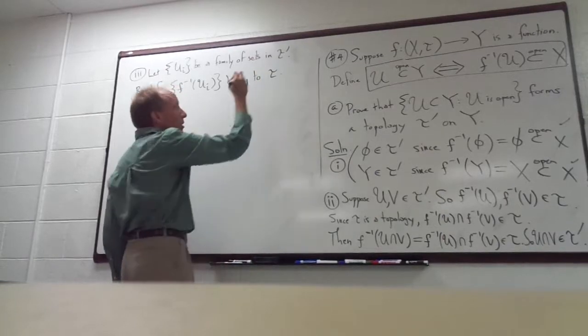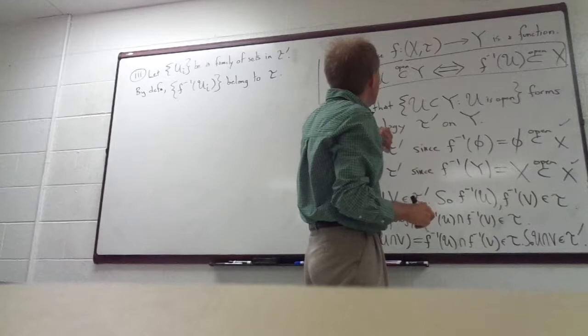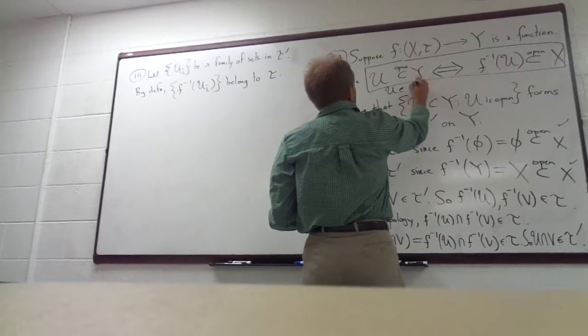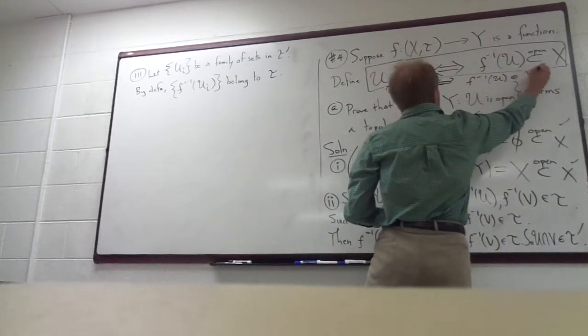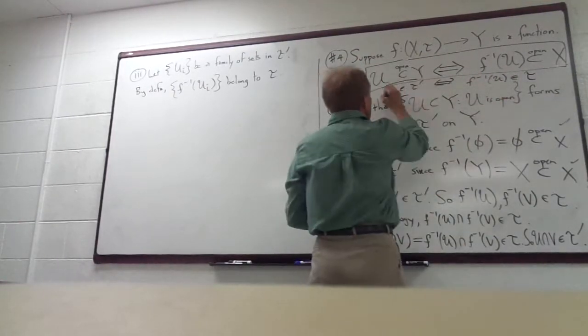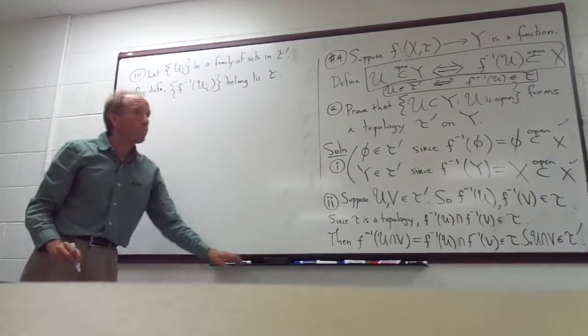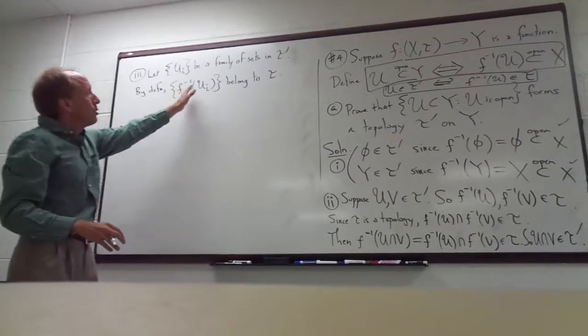These belong to tau because that's the definition here. This box just says that U is in tau prime if and only if the pre-image of U is in tau. That's just rephrasing it; it means exactly the same thing.